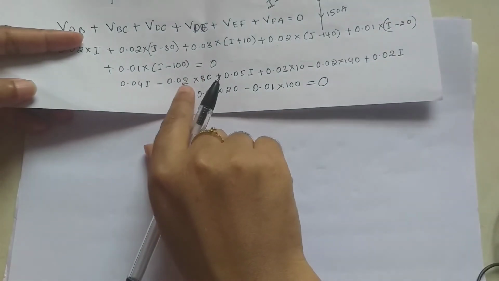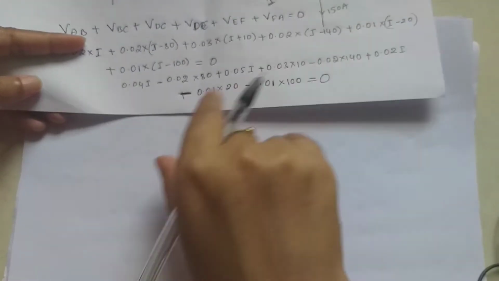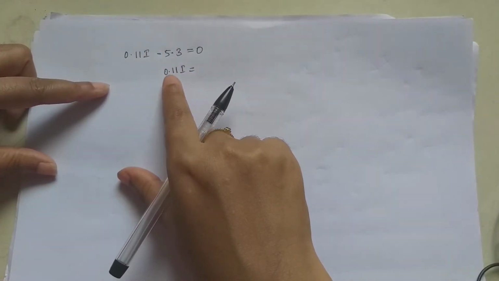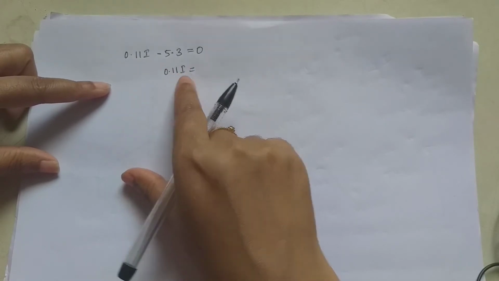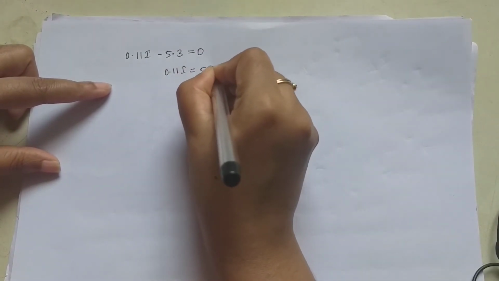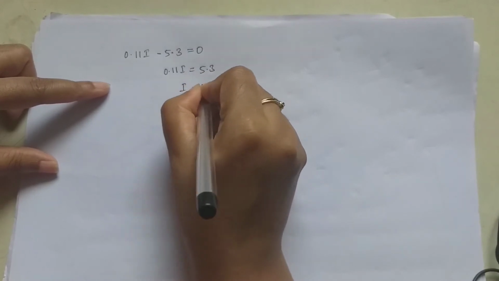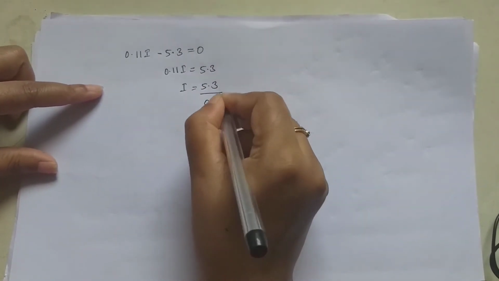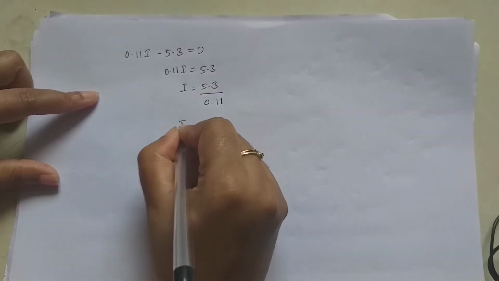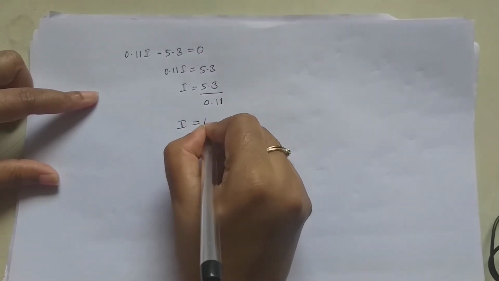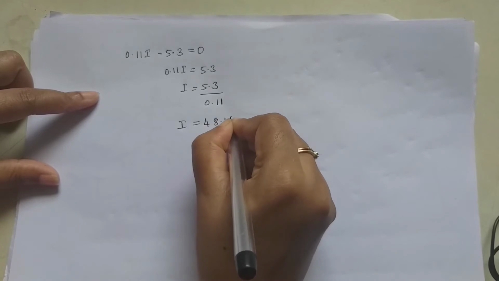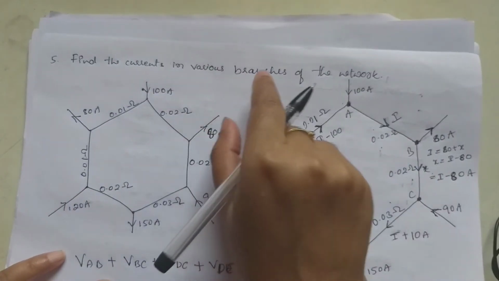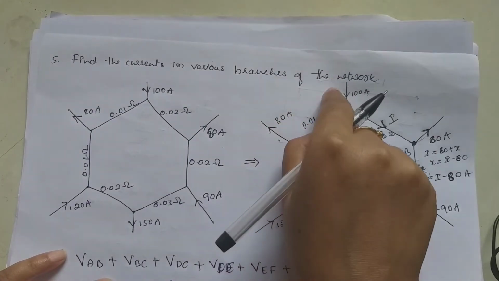On solving all these, we get 0.11 I is equal to 5.3. So I is equal to 5.3 divided by 0.11, so the answer is I equal to 48.18. What is the question? Find the currents in various branches of the network.